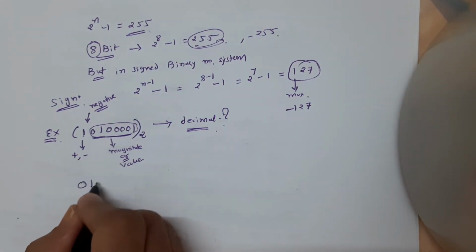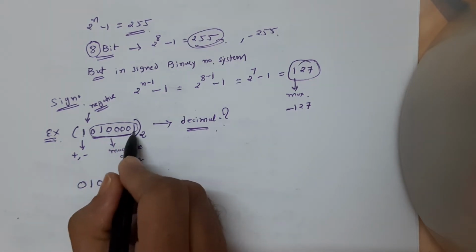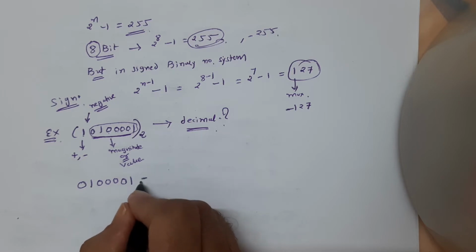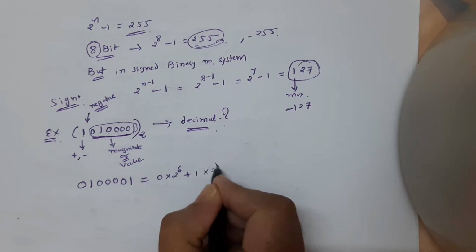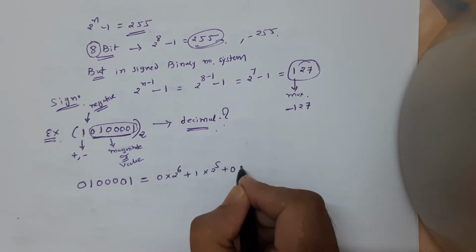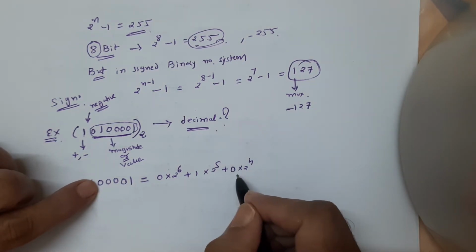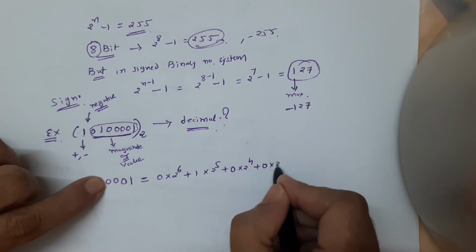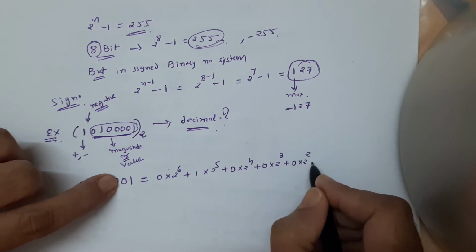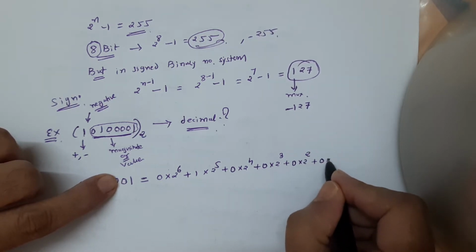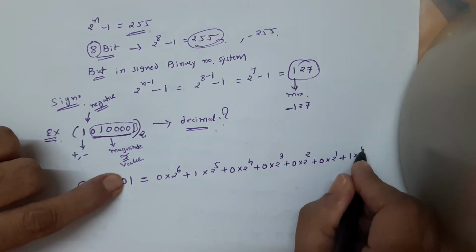So 0, 1, 0, 0, 0, 0, 1. It is equal to 0 into 2 raised to 6 plus 1 into 2 raised to 5 plus 0 into 2 raised to 4, plus 0 into 2 raised to 3 plus 0 into 2 raised to 2 plus 0 into 2 raised to 1 and plus 1 into 2 raised to 0.